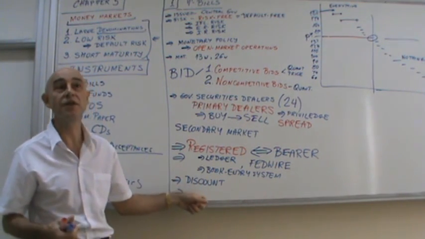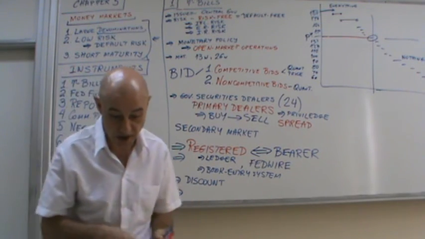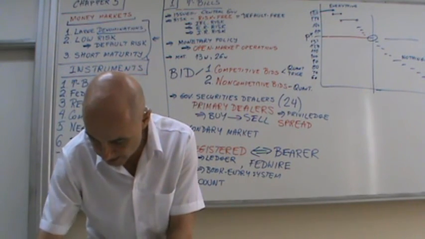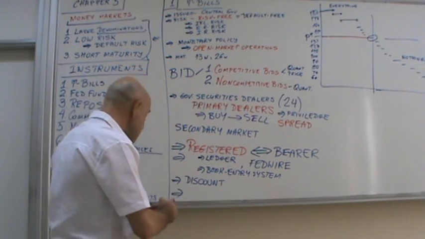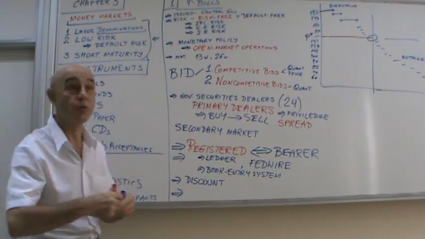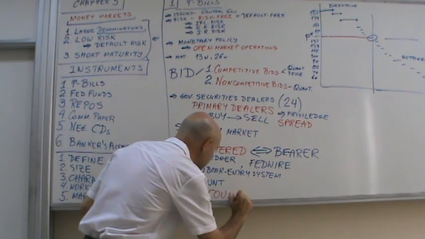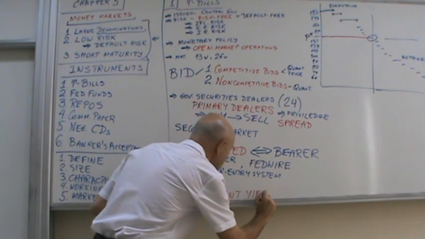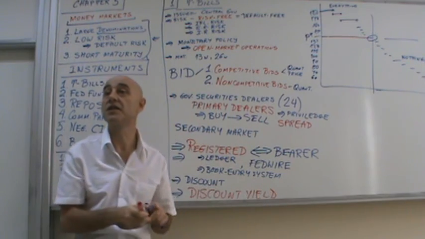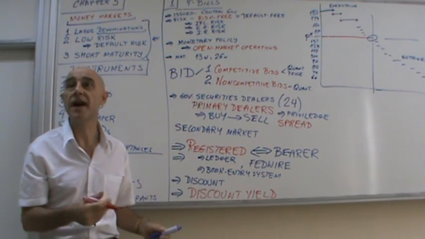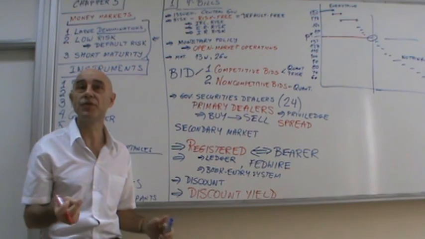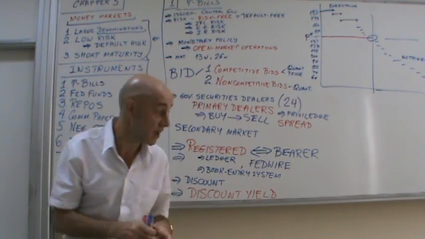And here, we don't need to do the math to calculate the yields. Let's see what else. The yield is simply called, without doing any math, the discount yield. And you can see it in the textbook how it's done and how it's calculated. It's very simple, very easy, but you don't need to do that.